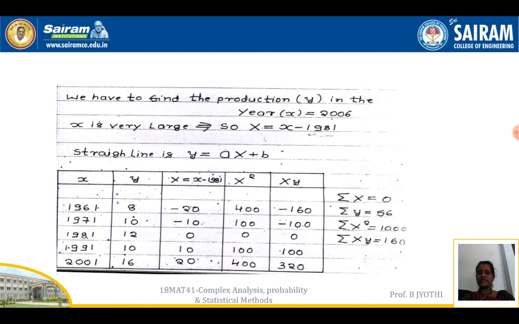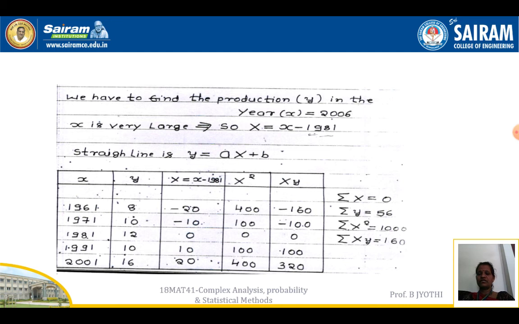So the new X value is computed by subtracting 1981 from all these years. 1961 minus 1981 gives minus 20, 71 minus 81 gives minus 10, 81 minus 81 gives 0, 91 minus 81 gives 10, 2001 minus 1981 gives 20.